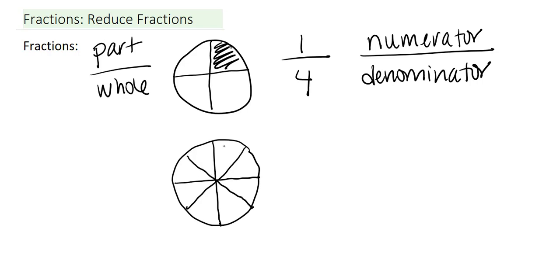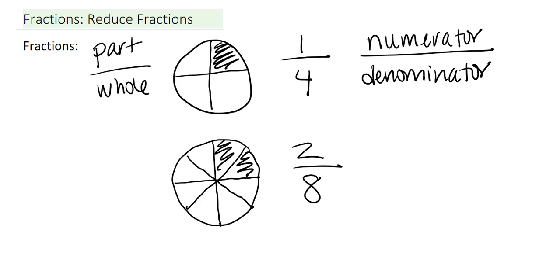So instead of saying a quarter, we might say two of the slices is remaining, which is 2 out of 8. Now these mean the exact same thing, 1/4 or 2/8, because it's the same amount that is left of the pizza. But the 1/4 is represented in its lowest terms, in its reduced fraction.